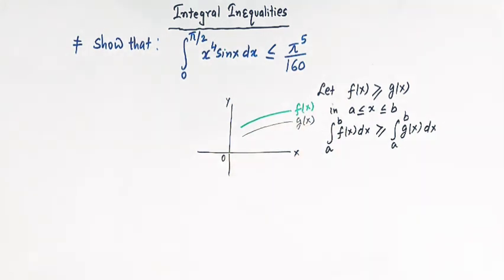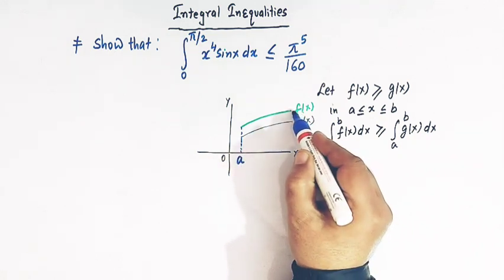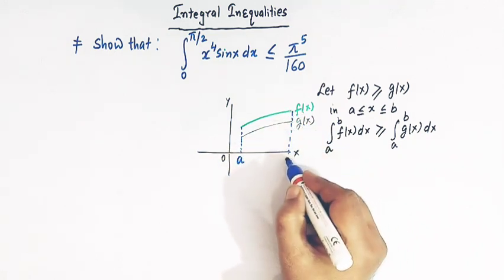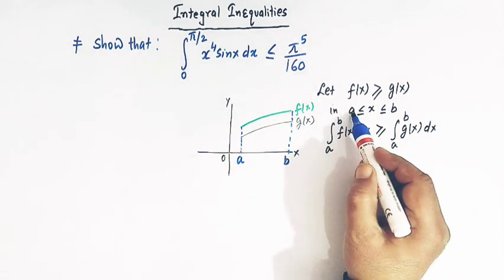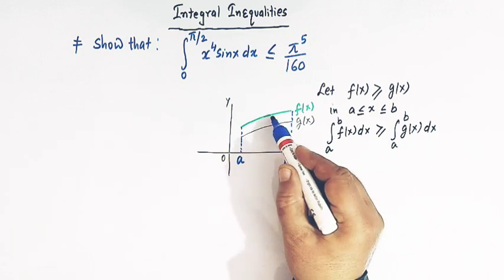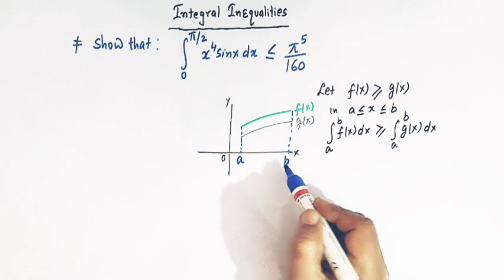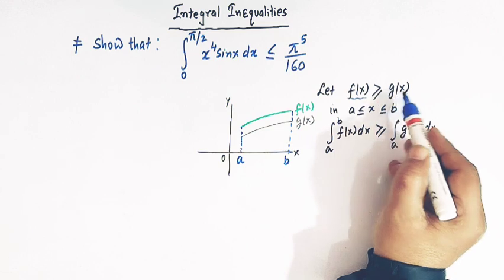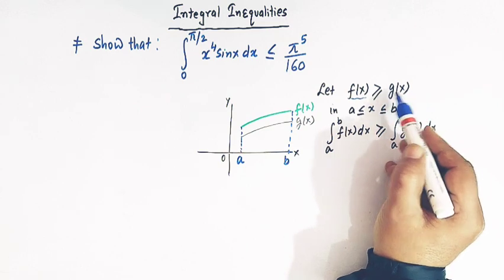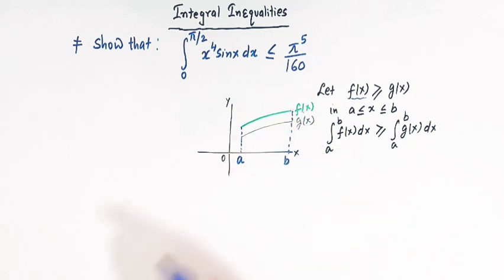Let us define the points, this is the point a, and this is the point b. Between a and b, including a and b, we can easily see that for all values of x lying between a and b, the value of the function f of x is always greater than or equal to g of x. The equality holds when f of x and g of x coincide.